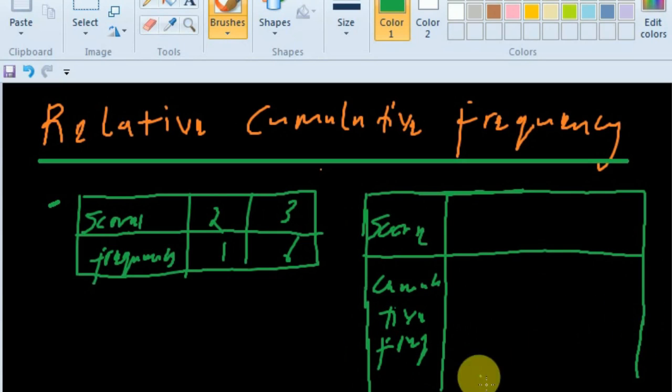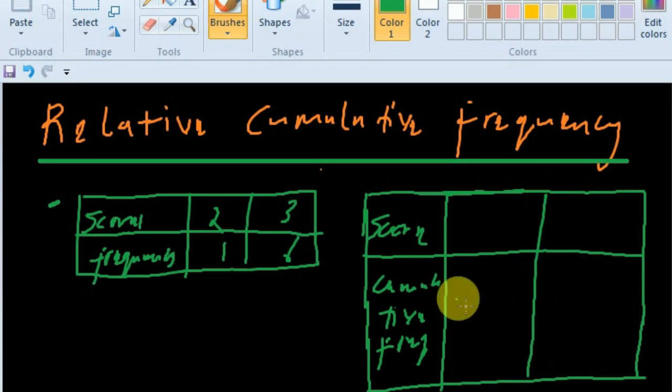The frequency of 2 is 1. Then to find the cumulative frequency of 3, we say 1 plus 5, which is 6.